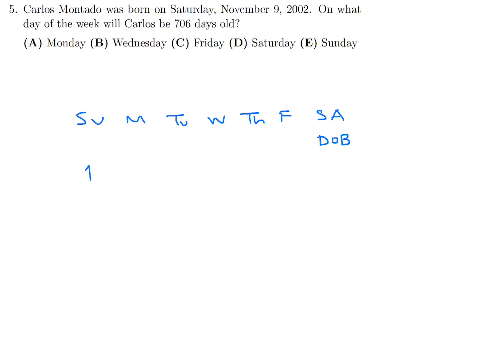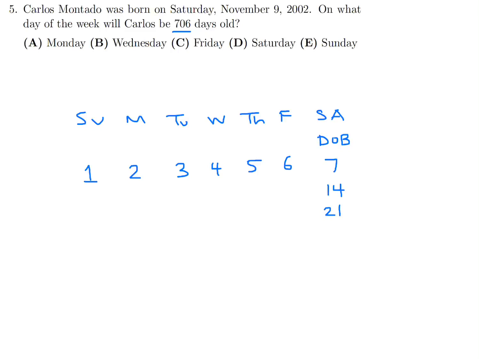So on Sunday, he's 1 day old, then 2 days, 3 days, 4 days, 5, 6, like that, right? So he's 7 days old on the following Saturday. Very similarly, the 14th day will also be a Saturday, the 21st day, and so on. So every multiple of 7. If you go as close to 706 as possible with multiples of 7, you can get there pretty easily.